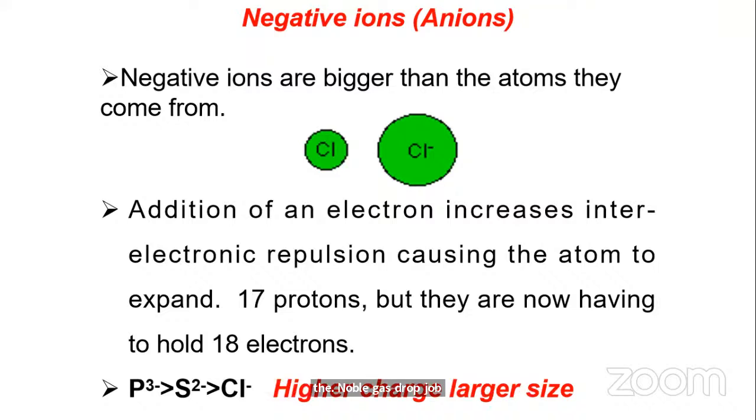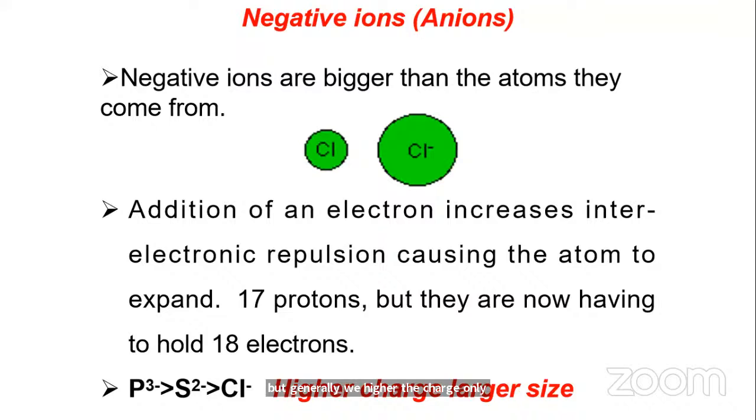The ion of group 16 needs 2 electrons, and the ion of group 17 needs just 1 electron. So as you go across, you're adding fewer and fewer electrons: 3, 2, 1. And so the size of the anion decreases as you go across the period. Phosphorus, group 15, will have the largest size, while group 17 will have the smallest size. But generally, the higher the charge on the anion, the larger the size.